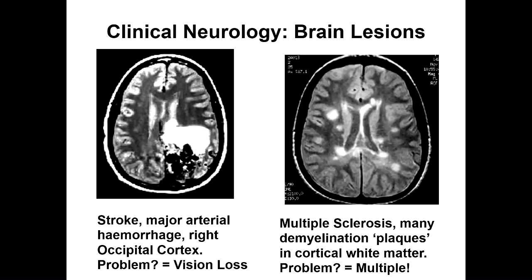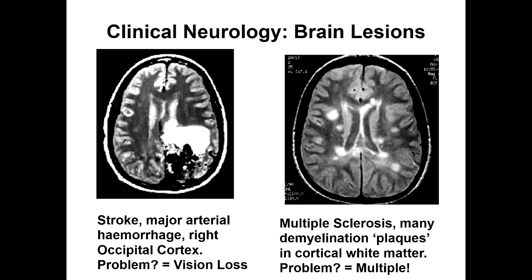It's all congealed blood, and also some of this material here too, in their right occipital lobe. If their right occipital lobe has had this stroke, it means that the neurons in the occipital lobe have died, they're no longer working, and as a consequence, this person is going to have a major problem. Because it's the occipital lobe, they're going to have a serious loss of vision.